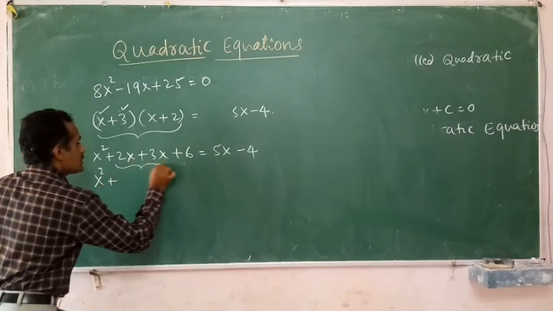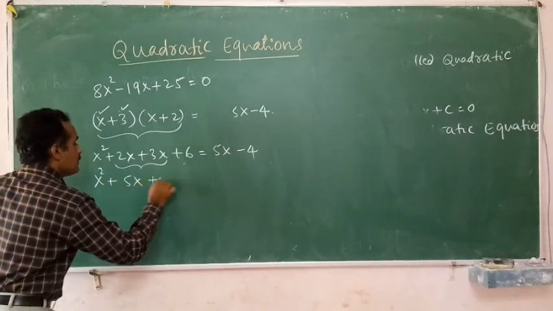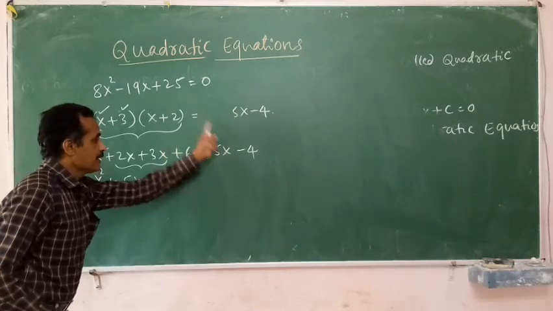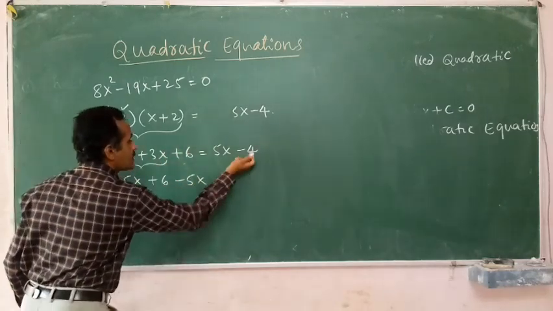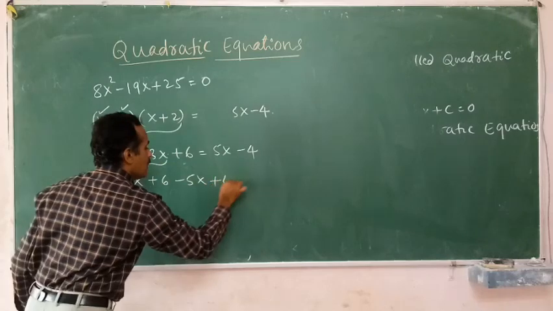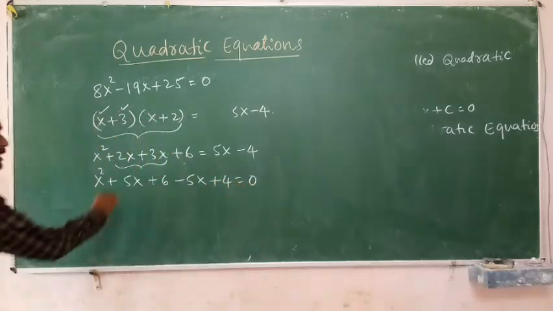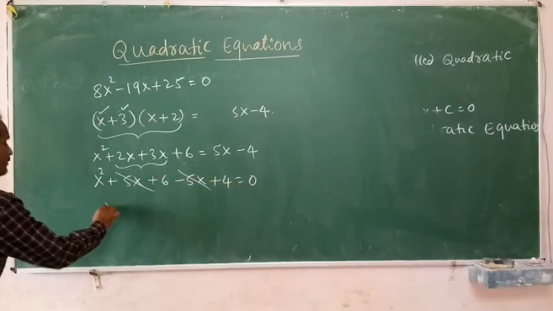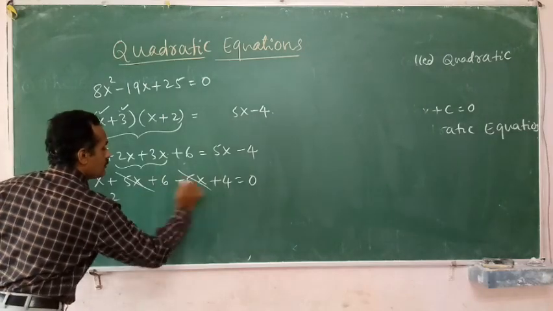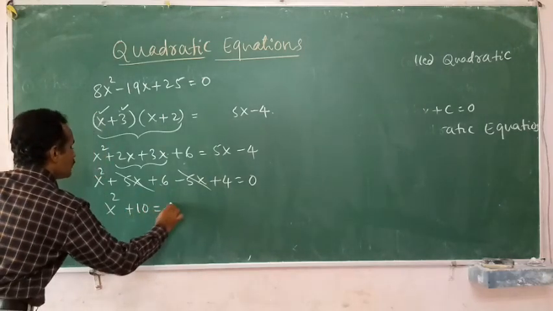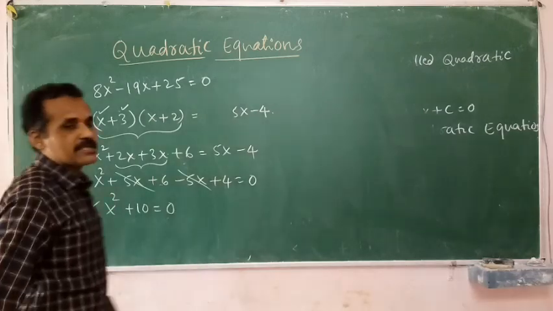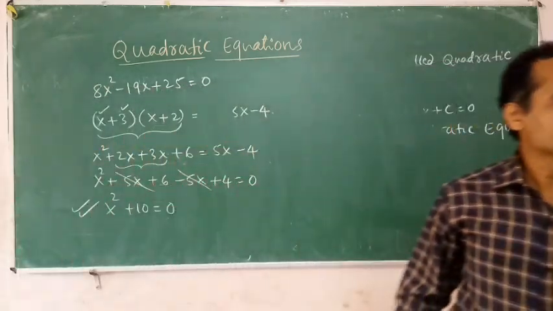X square plus 5x plus 6. I will shift it to the LHS. Minus 5x, shift it to the LHS. Plus 4 is equals to 0. Plus 5x minus 5x cancel. X square plus 10 is equals to 0. Definitely this is a quadratic equation.